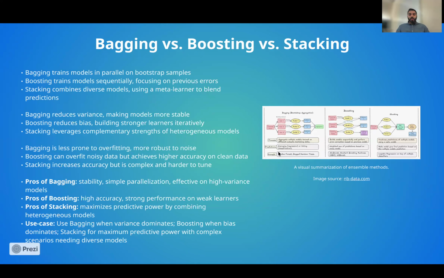But ultimately, if you're looking to reduce overfitting or reduce variance, bagging should be the method of choice. Boosting is required if you're looking to reduce bias, and stacking should be the method of preference if you're looking to maximize your predictive power and you're ready to handle the complexity of multiple different models from different architectures, and also putting together a meta learner, which is going to be yet another model on top of these base models.